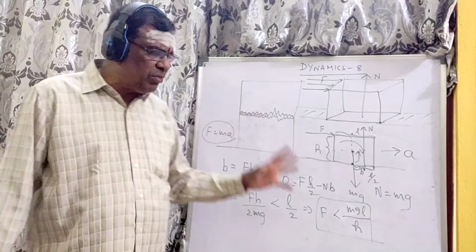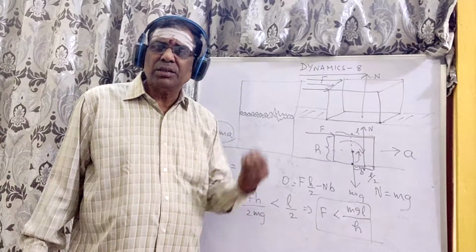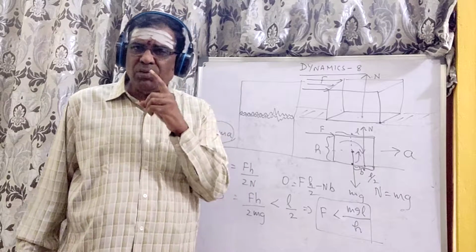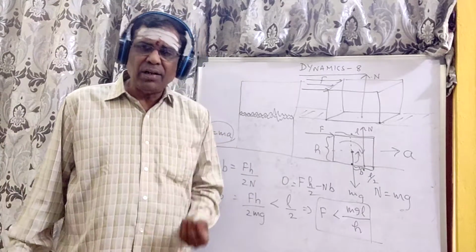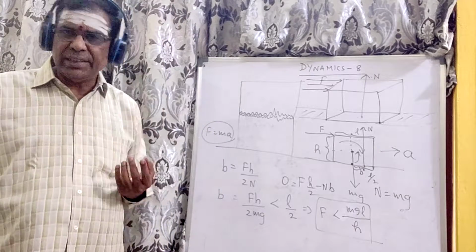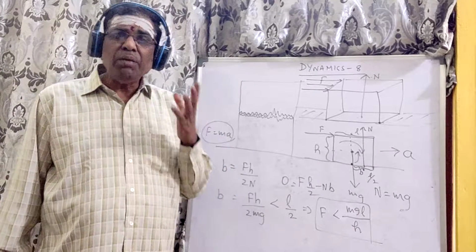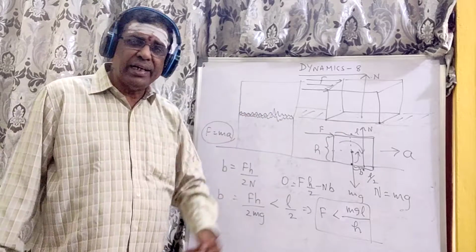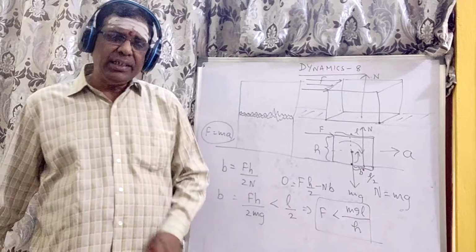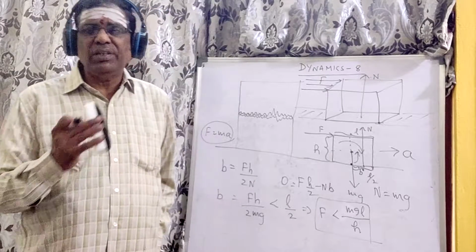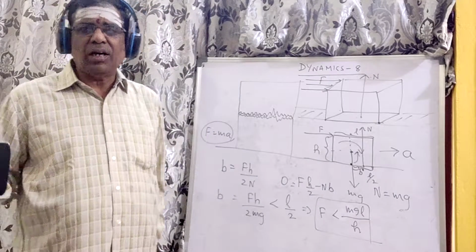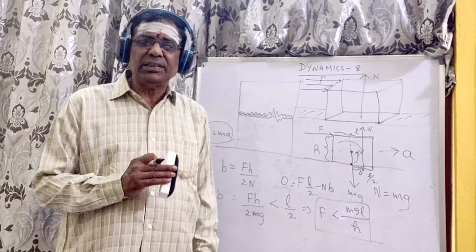So what is it that we have learned from this small discussion? Number one, in the normal circumstances, we take the normal force to act through the center only. But in cases where there is a net force tending to translate the body, then in the direction of that acceleration, that normal force is likely to get shifted.